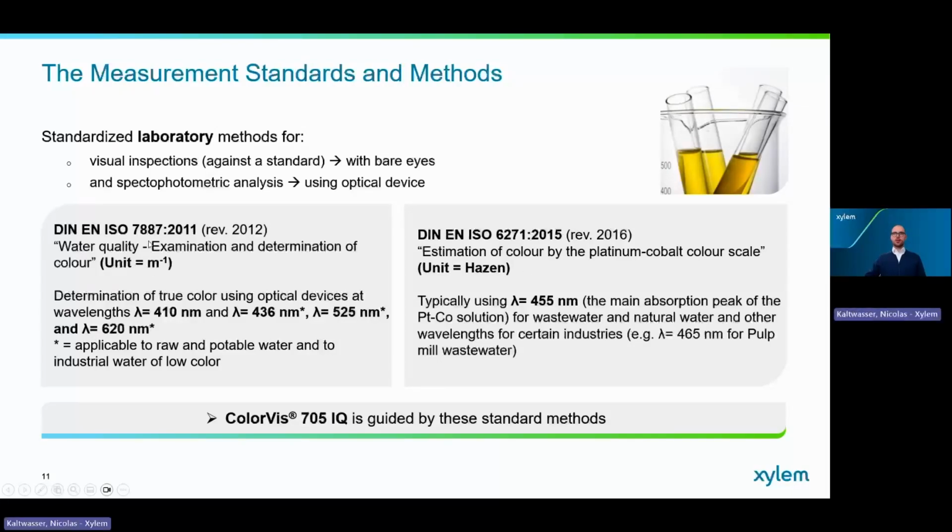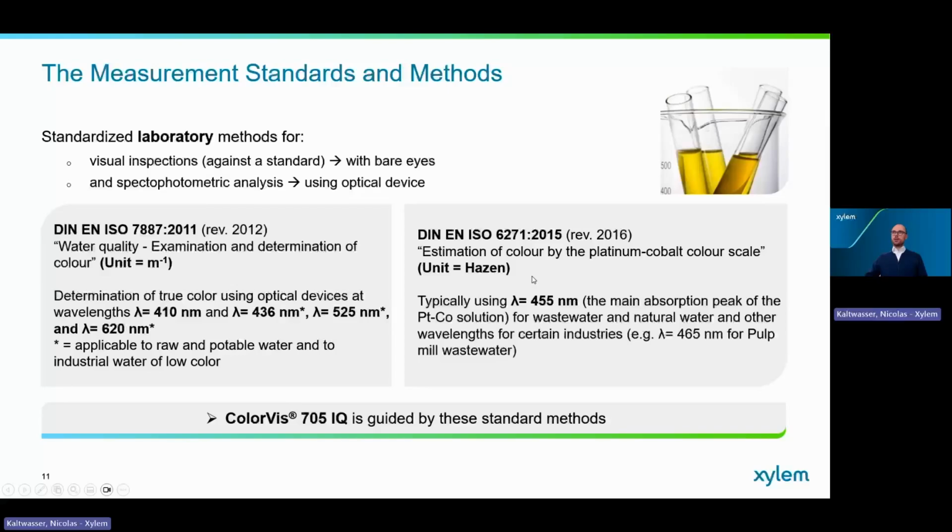The 7887 is giving us recommendations for measurement wavelength, which are 410 nanometer, 436, 525, and 620 nanometer.